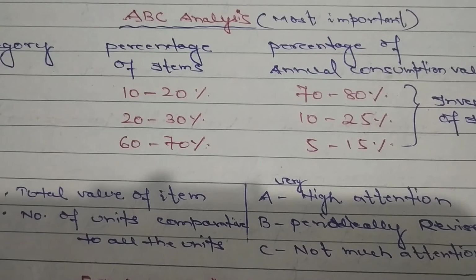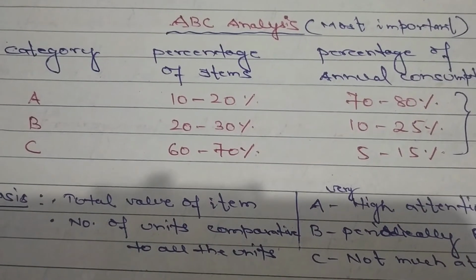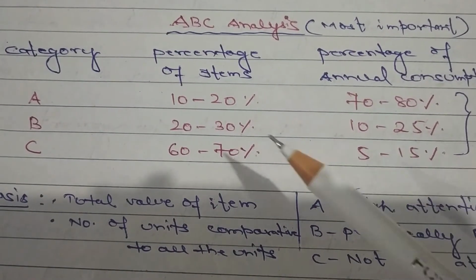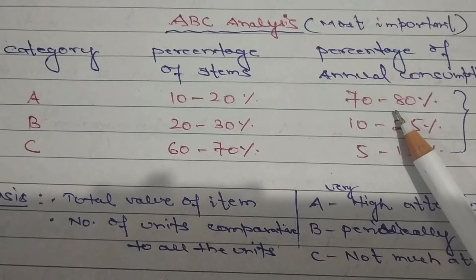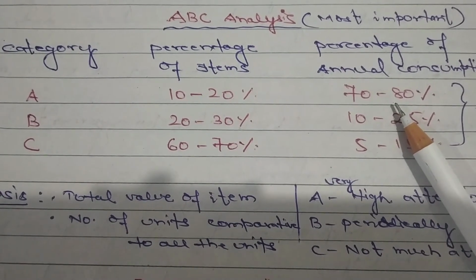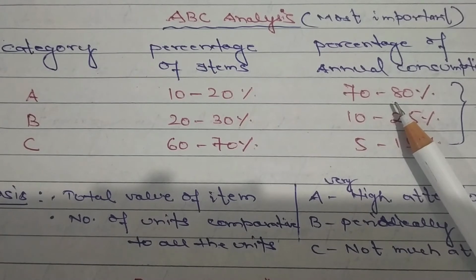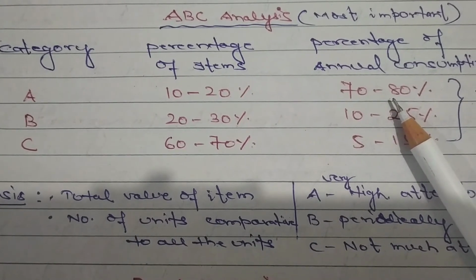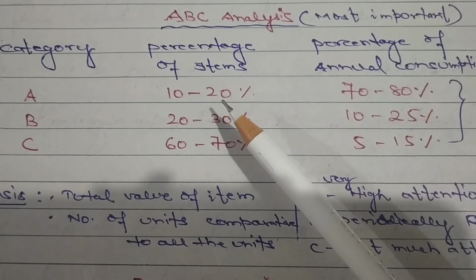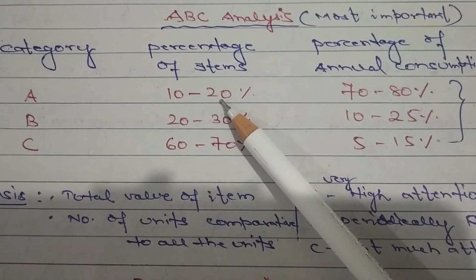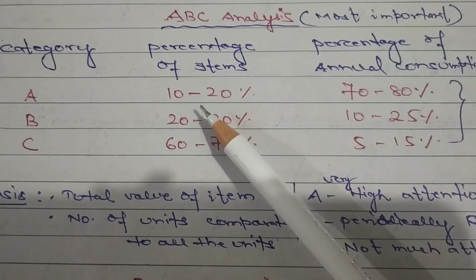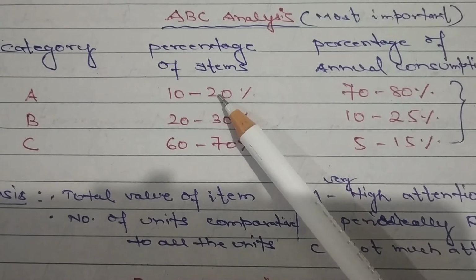So you have to focus more. On that basis we have categorized three bases: A, B and C. A means total annual consumption is 70 to 80%, which is very high, but the number of items in that category is almost 10 to 20%.